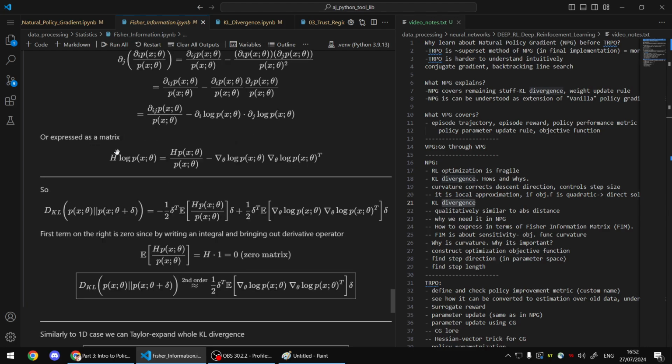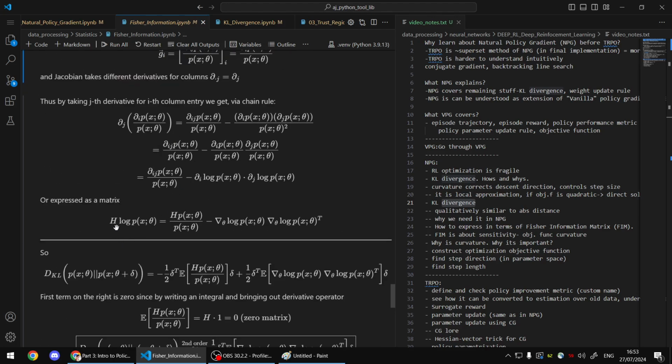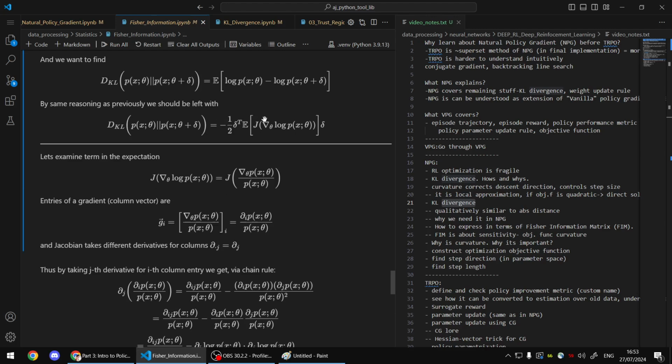And if you write this whole expression in matrix or vector notation, we all know that here's the ith entry of v times the jth entry of v, some kind of vector v. And basically what it is, it's an outer product. I hope you're familiar. So our Hessian of log of this stuff is here.